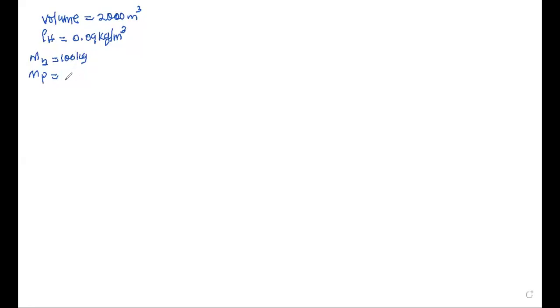Mass of pilot 75 kilogram. What will be the greatest mass of equipment that can be added when operating in air of density, so density of air, rho of air, we have 1.25 kilogram per cubic meter.